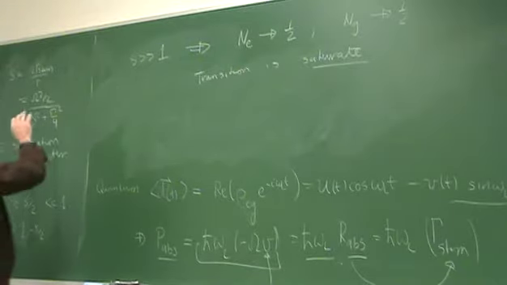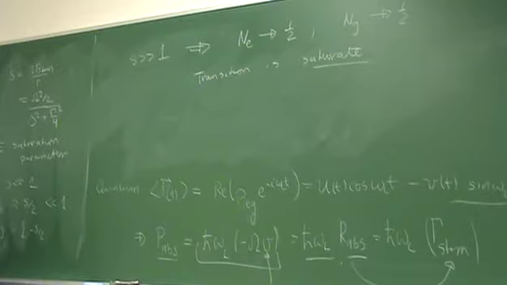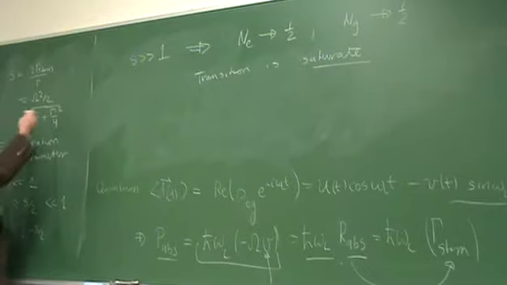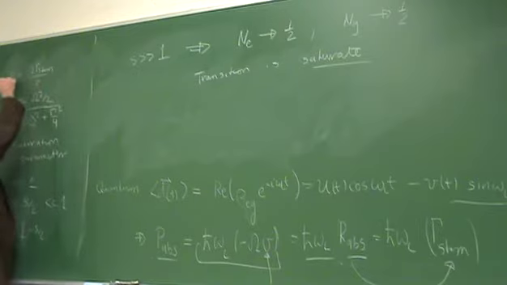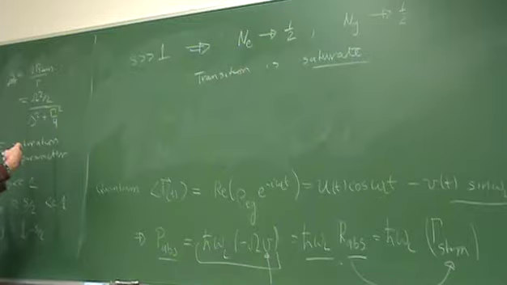So the last thing we discussed last time was how we characterize the physical parameters under which the saturation parameter is big or small. It depends on the Rabi frequency, which depends on the intensity of the field and the oscillator strength.